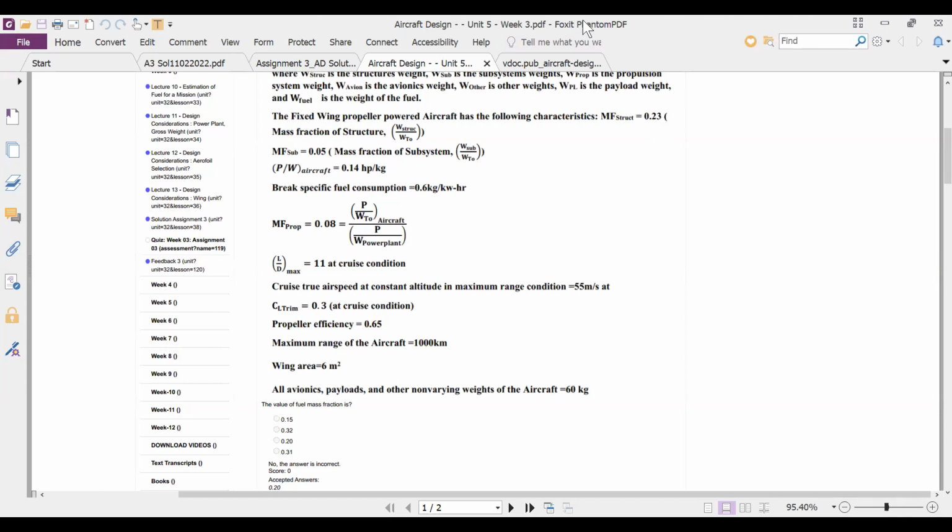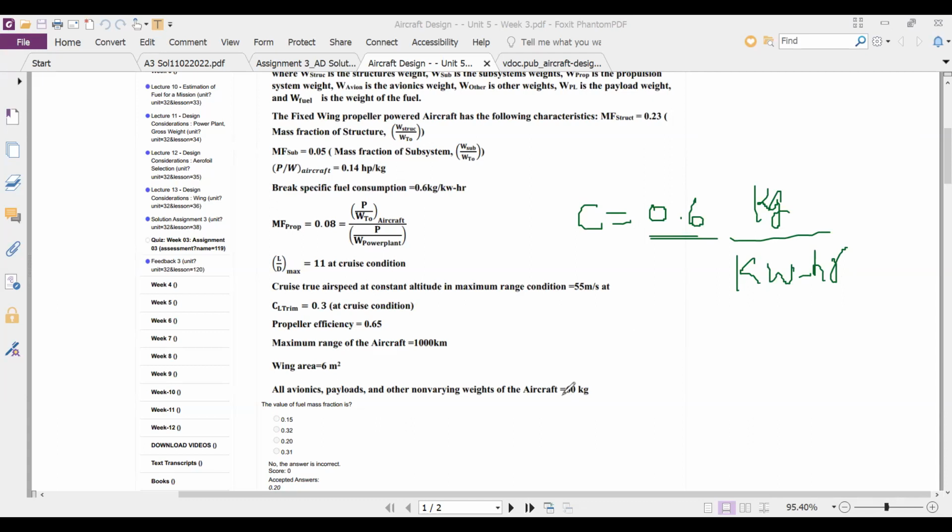Where is this annotation thing? There is this brake specific fuel consumption. So the C was 0.6 and it's given in the units of kg divided by kilowatt hour. Did you use it directly or did you convert it into something else?